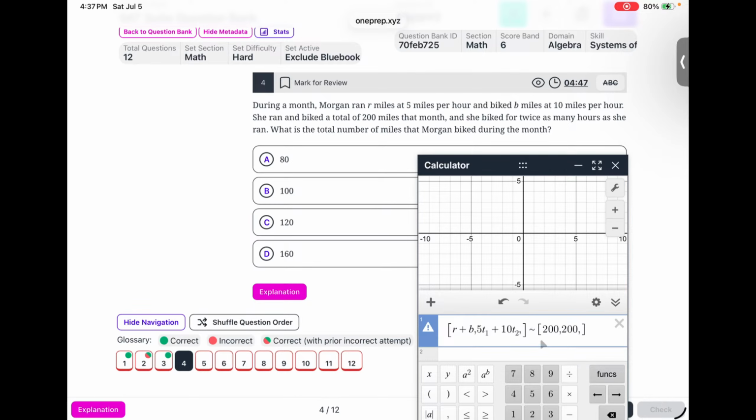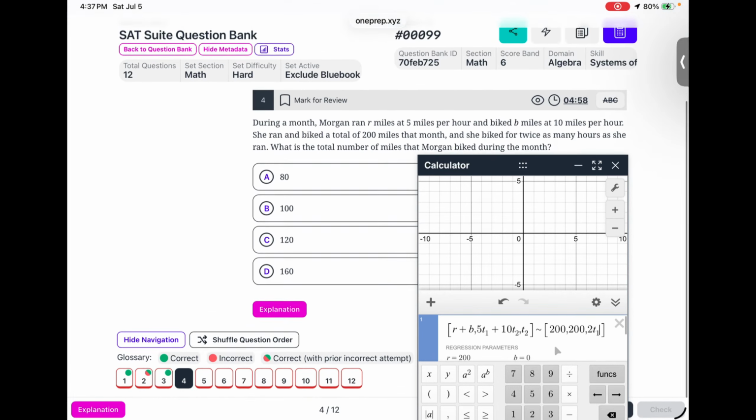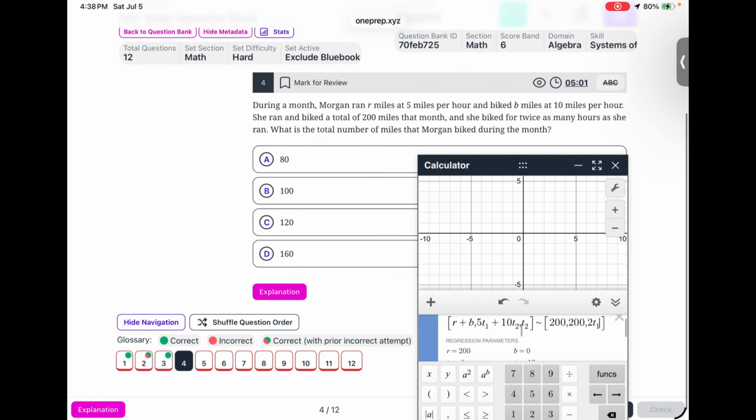So that means T2 is equal to 2T1. It still says B is 0 miles. So that's not right. So we need to get B to be more miles. R plus B is 200.